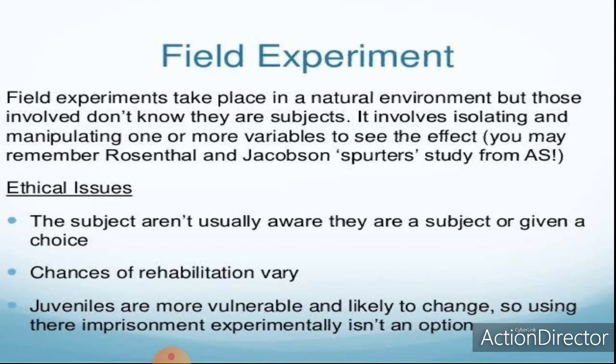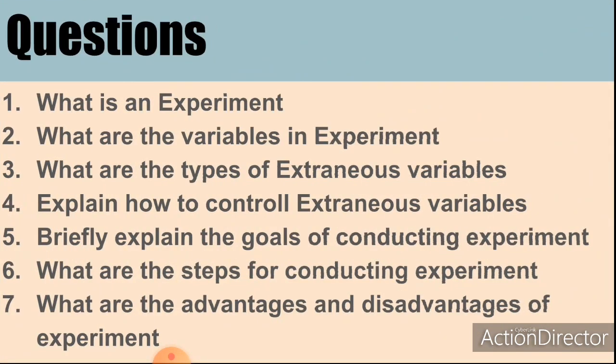So, these are all about experiments. Now we can discuss the questions related to this area: what is an experiment, what are the variables in an experiment, what are the types of extraneous variables, explain how to control extraneous variables, briefly explain the goals of an experiment, what are the steps for conducting experimentation, and what are the advantages and disadvantages of an experiment.